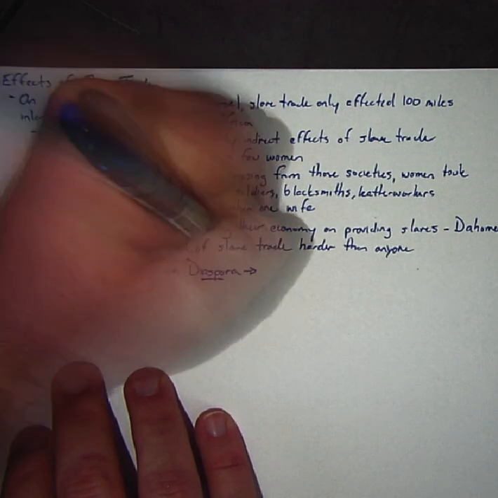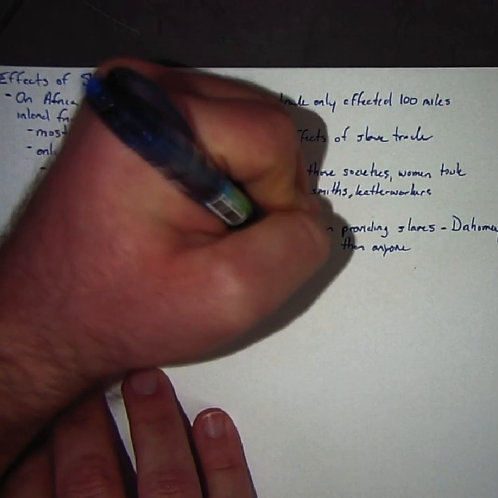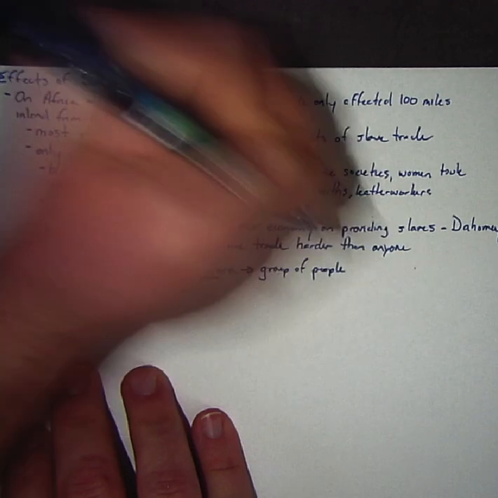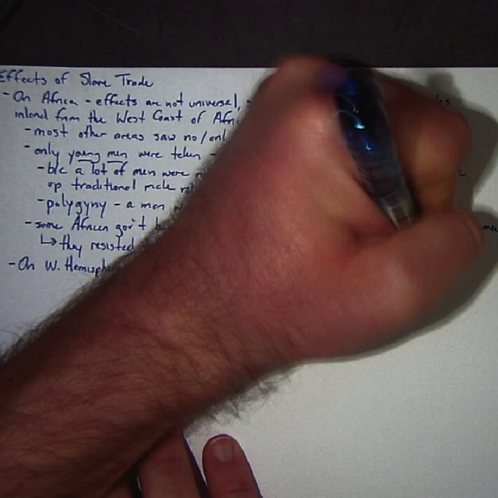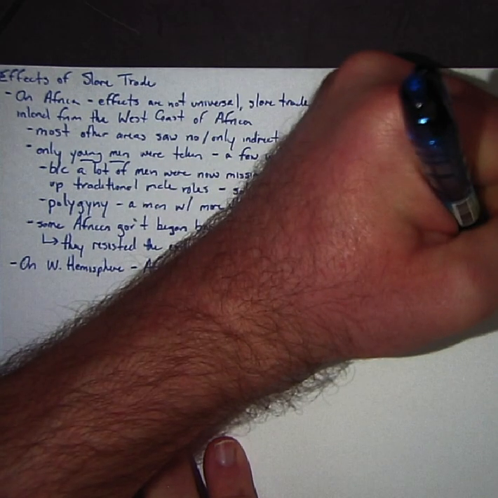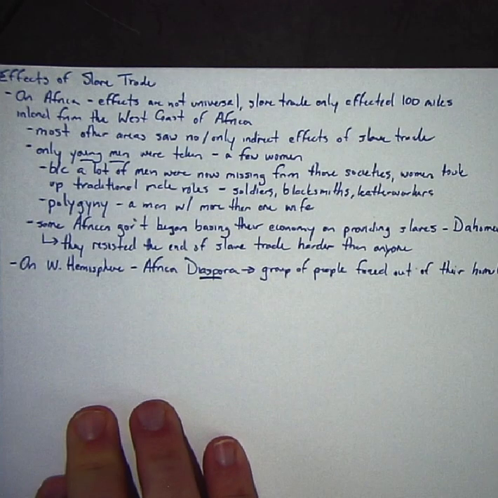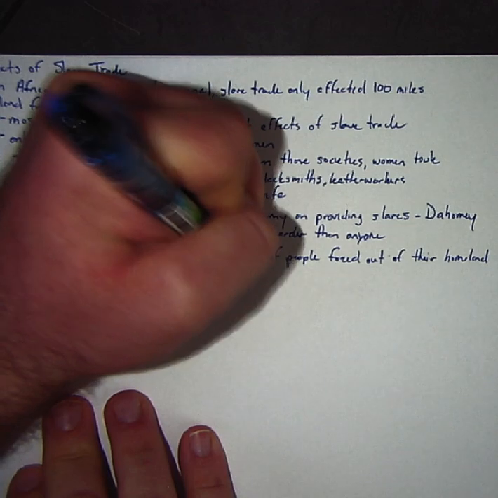So a diaspora is a group of people forced out of their homeland and needing to settle somewhere else.